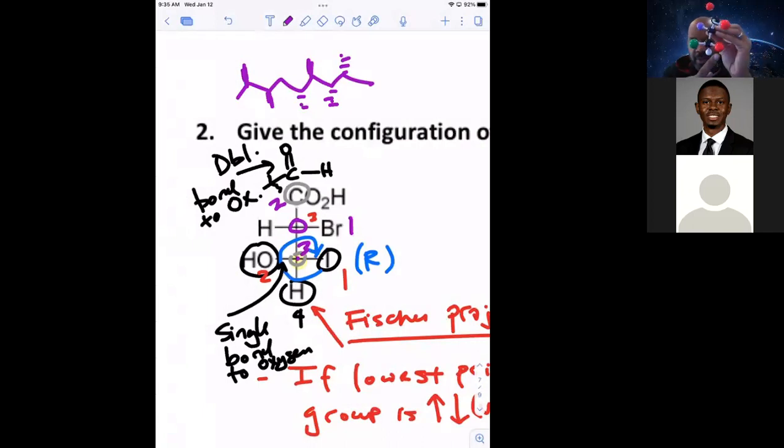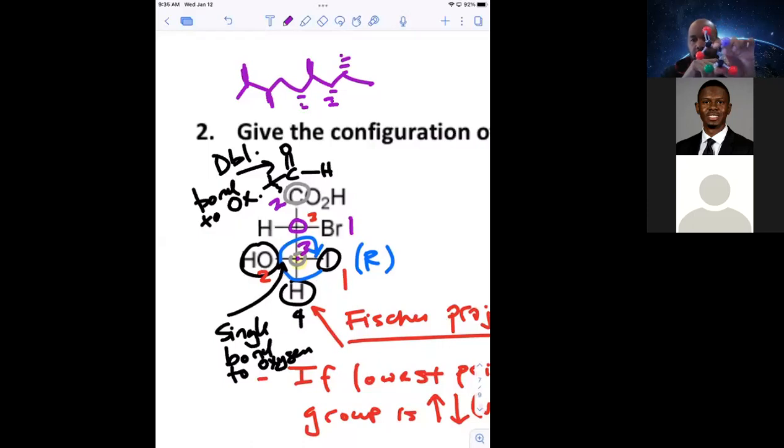So this is OH, that's iodine, that's hydrogen. And up top, this is hydrogen. Hold up, I have to swap that over so it looks like what you're seeing on the paper. Yeah. So up top, there's hydrogen, bromine, and then the carboxylic acid back here.